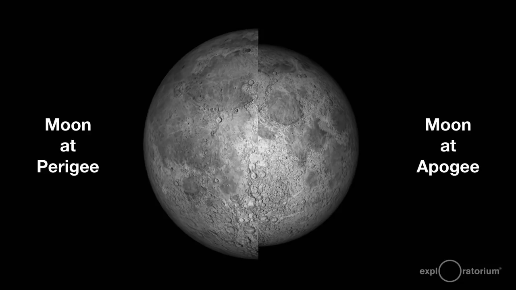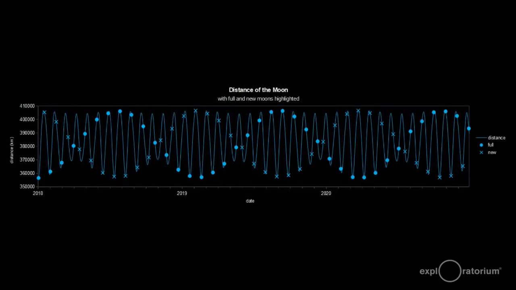So if you look at the distance and the change of the distance from the Earth, here's kind of a graph that might be kind of hard for you guys to see out there. But this up and down blue line with the dots on it, that's the distance, and it changes, it gets closer and farther and closer and farther, and you can see there that the full moons are the solid dots, and the new moons are the little X's.